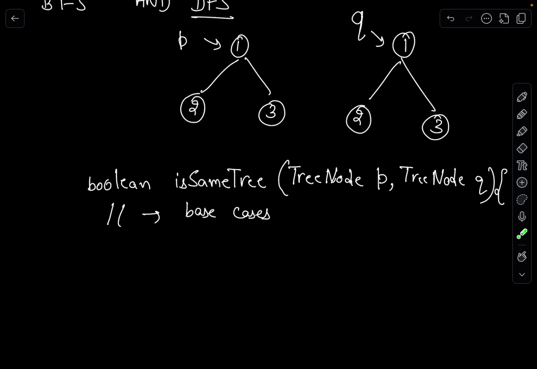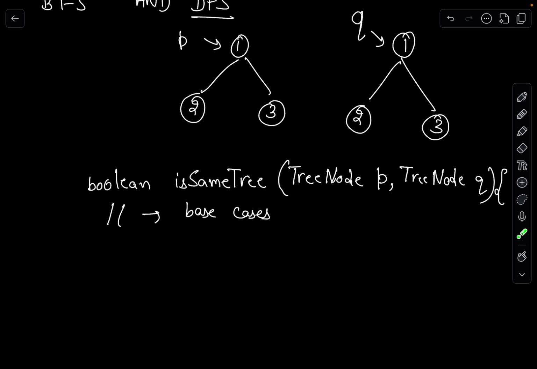Can I say that if the left part of this P and the left part of this Q are the same, and if the right part of this root node and the right part of this root node are the same, and if these values are equal, then the trees are the same?